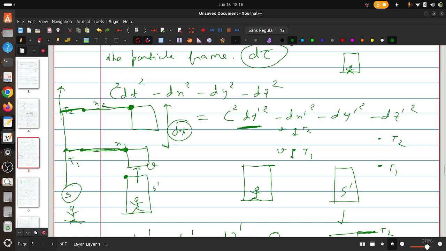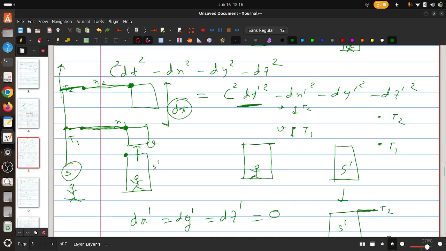Now the idea to measure the proper time is that, imagine the thought experiment: this is my S frame, this is my S prime frame. The S prime frame is moving in a car. It is a very good car, a Mercedes Benz, and there are two trees here on the road ahead. The S frame can see that the trees are static but the car is moving.